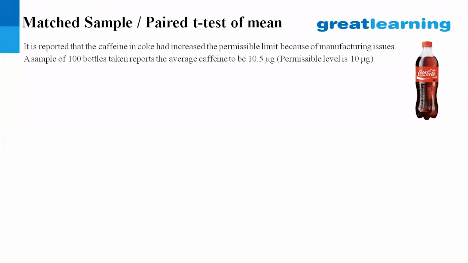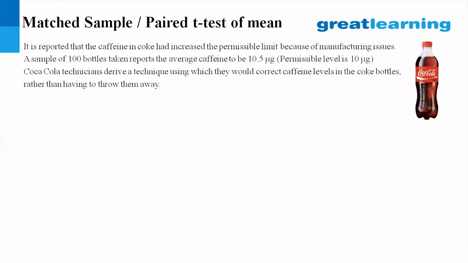You took a sample of 100 bottles, and say the average caffeine that is permissible is 10, I'm making this assumption that it is permissible to be 10 microgram, but it came out to be 10.5 microgram. So the manufacturing center was told that these bottles cannot be sold.